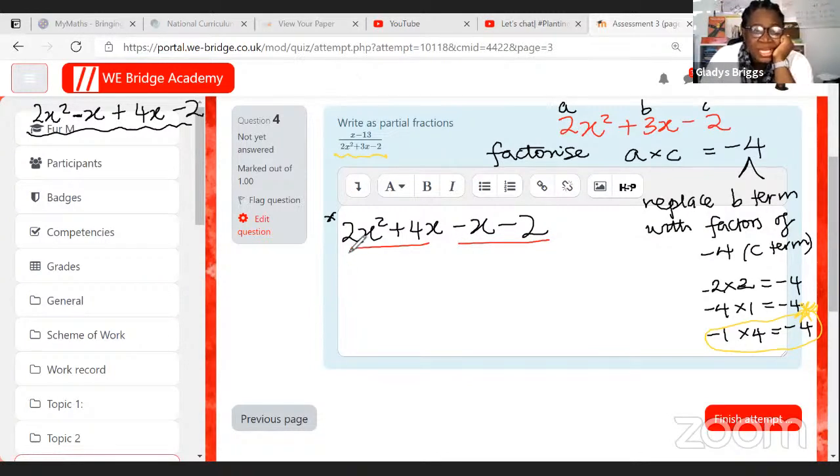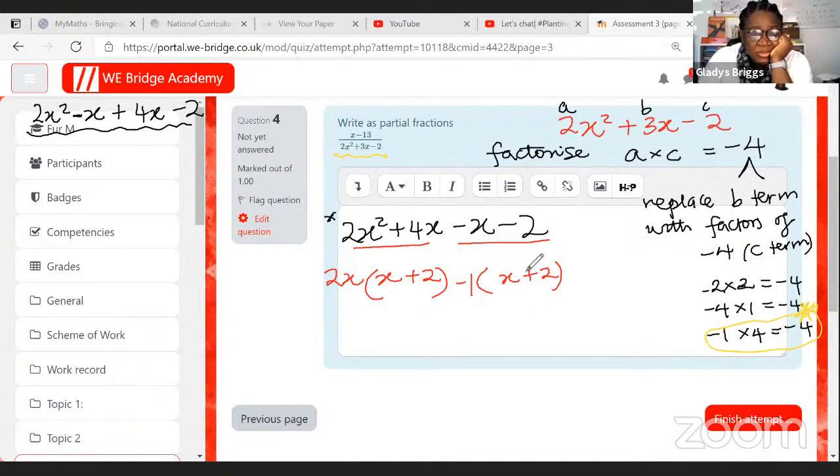So here you would have 2x going outside the bracket. And what you have left inside the bracket is x plus 2. Yeah? And then here, I think you have x plus 2 here. And then you have minus 1 outside the bracket.